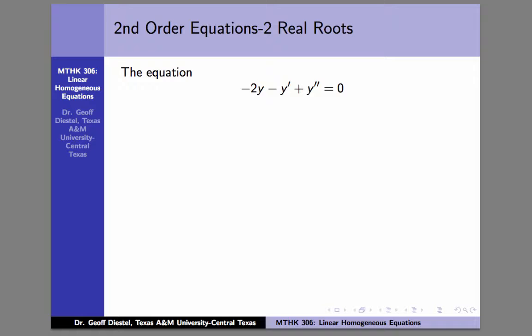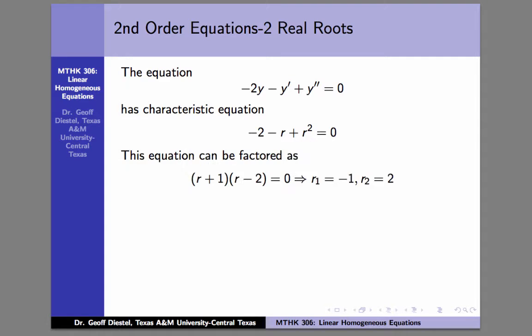So let's look at this second order equation. Again, it's a second order linear equation by the form here, and it's homogeneous because the right-hand side is 0. The characteristic equation we obtain by just direct translation to this algebraic quadratic equation in the variable r. And in this case, this can be factored.